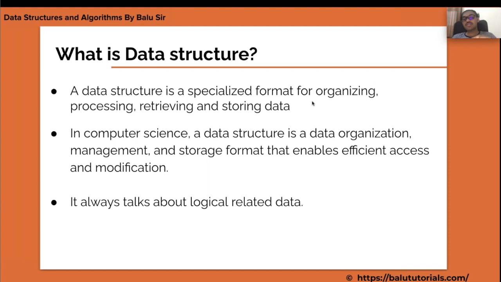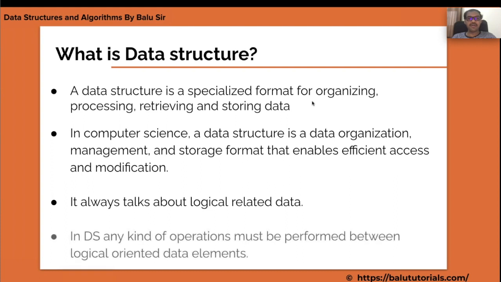Then it always talks about logically related data. So whatever data you are going to represent in the memory, that particular data is going to maintain some kind of logical relationship. In a data structure, any kind of operation must be performed between logically oriented data elements.